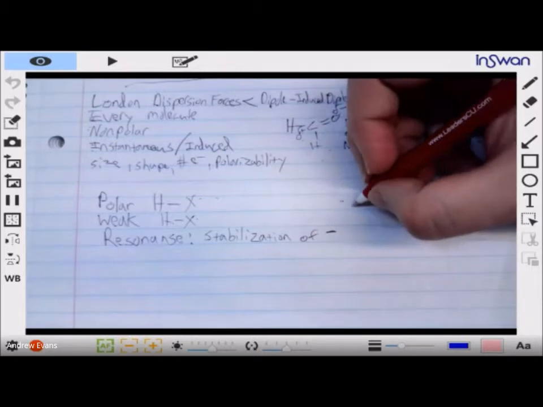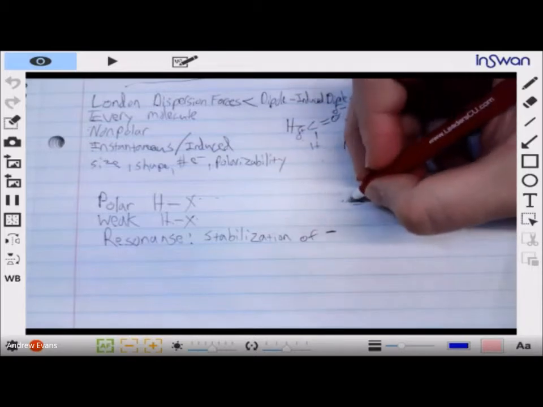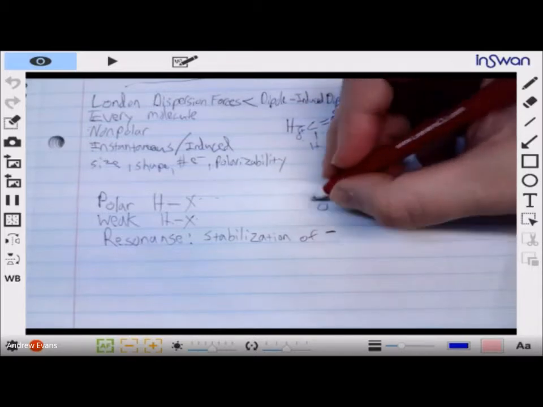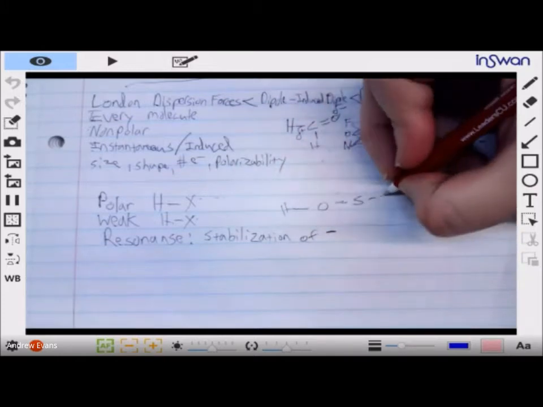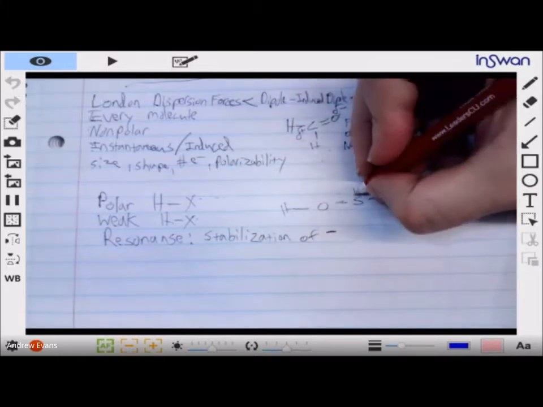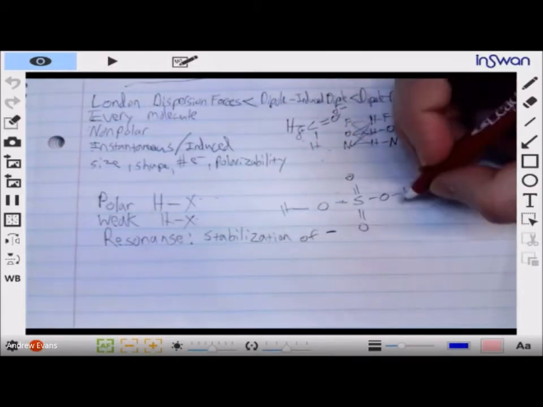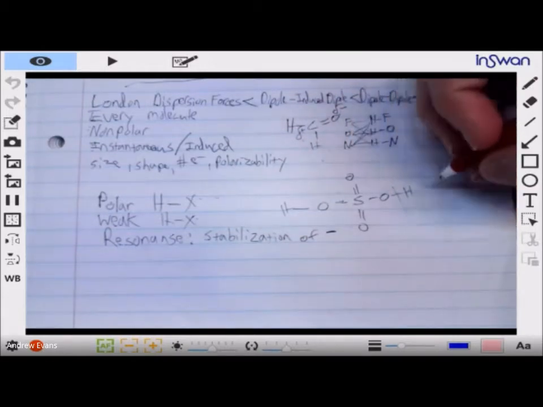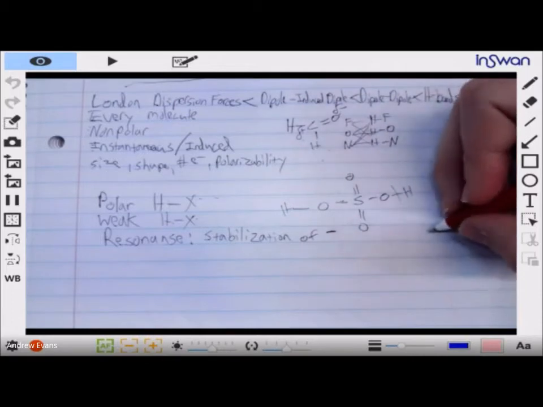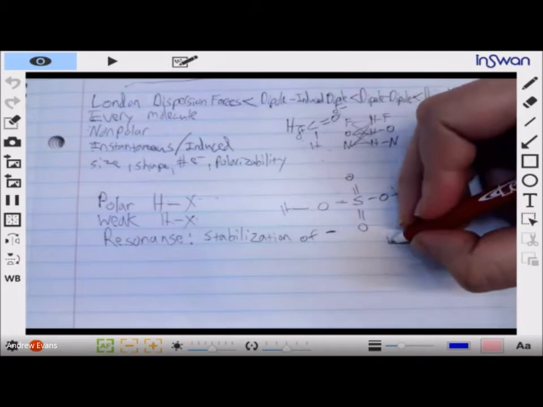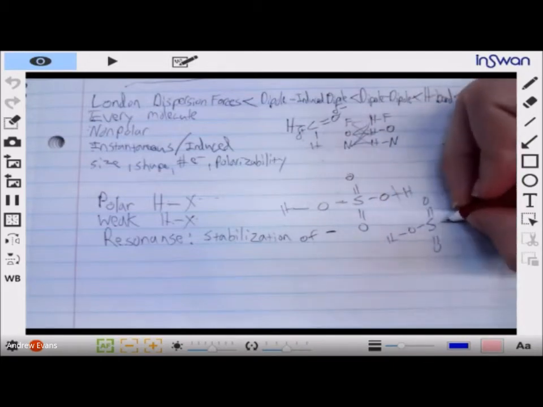Because, for example, SO4, if I draw it like this, is H2SO4 right here. When we break this off, you have this structure.